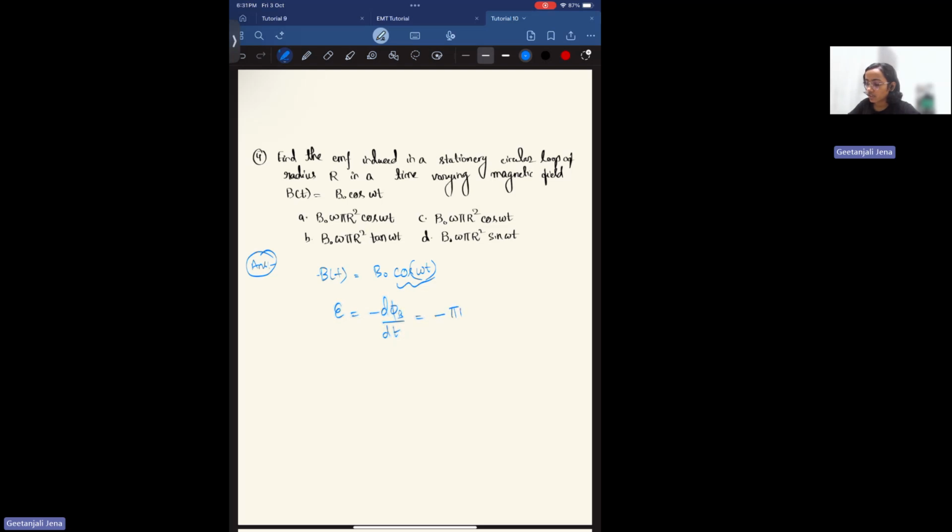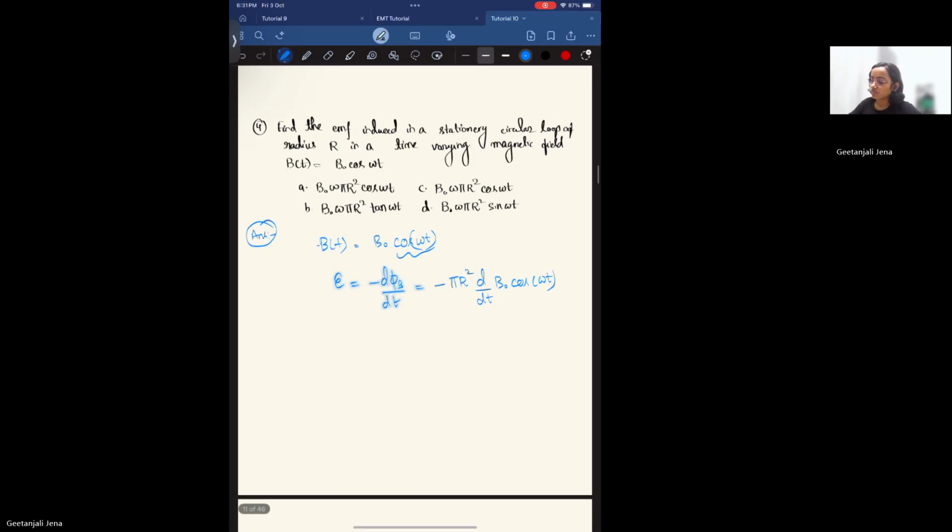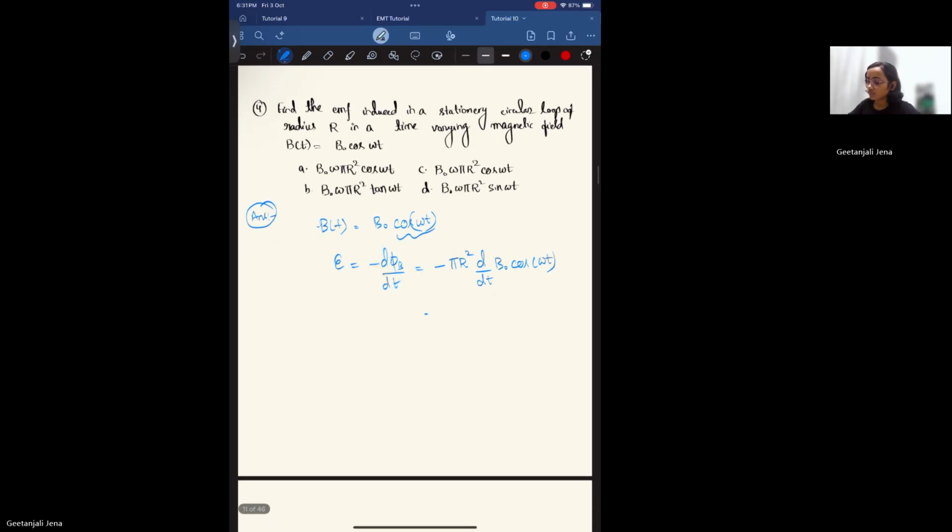So you can take out the area, pi r square, d by dt of B0 cos omega t. So this will give B0 pi r square omega, and cos will give minus sine omega t. So the answer would be option D.